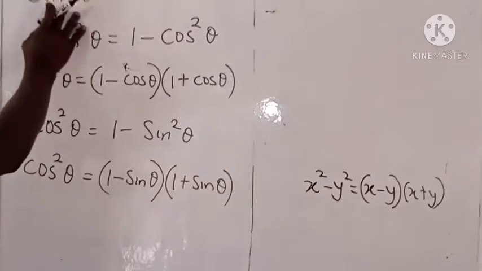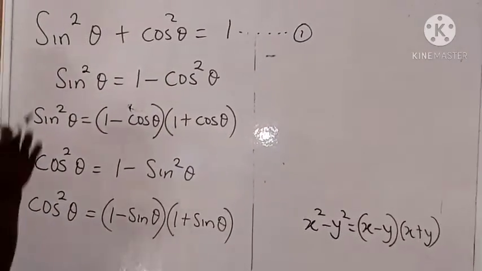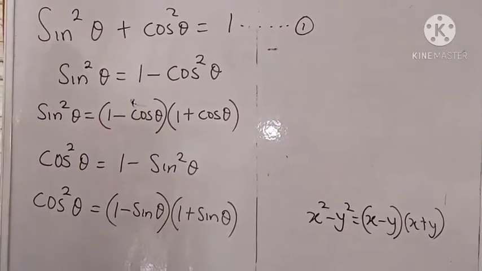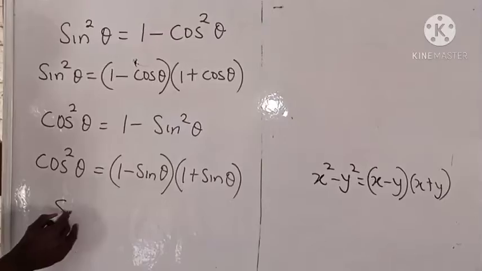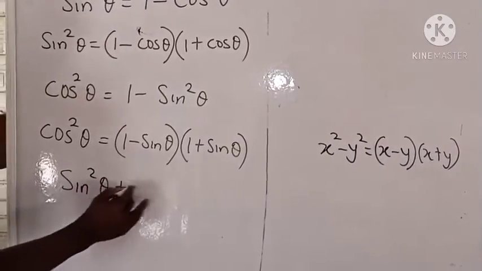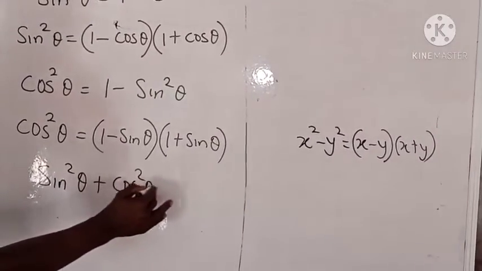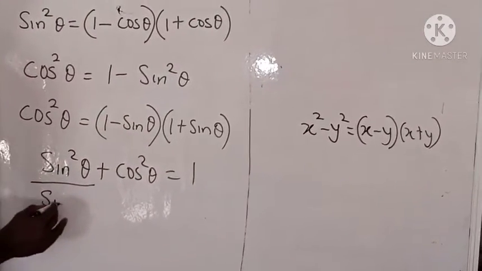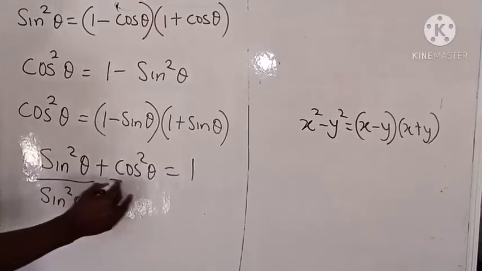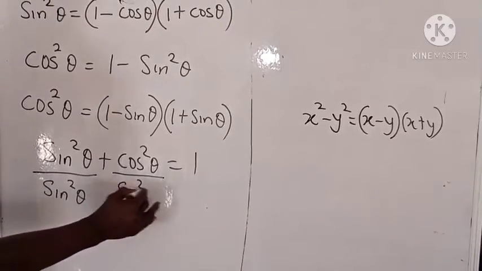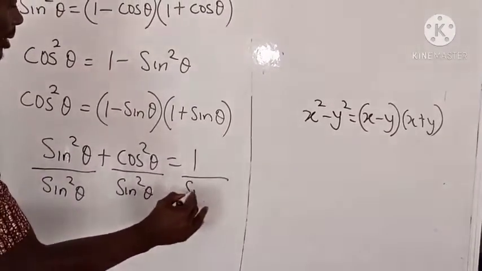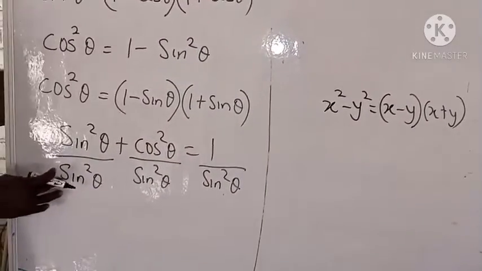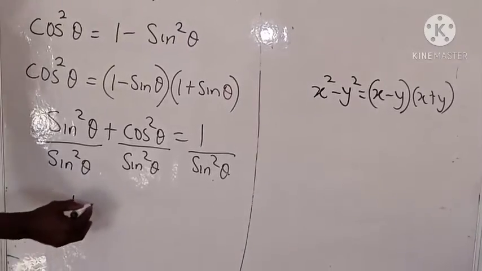Going back to the first identity, if you choose to divide every element by sine squared theta from the first identity, which states sine squared theta plus cos squared theta equal to 1, sine squared theta divided by sine squared theta gives 1.